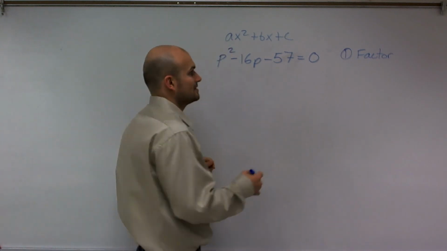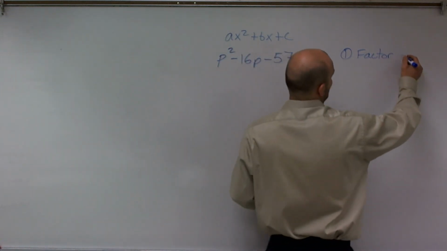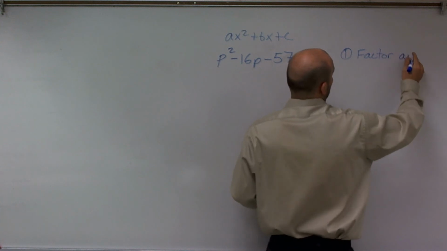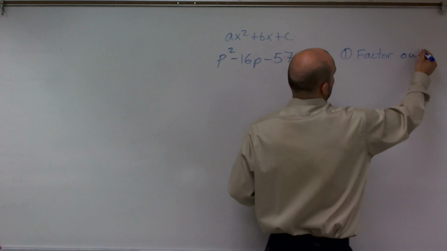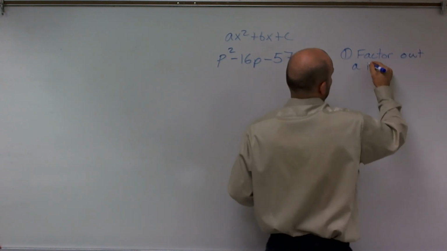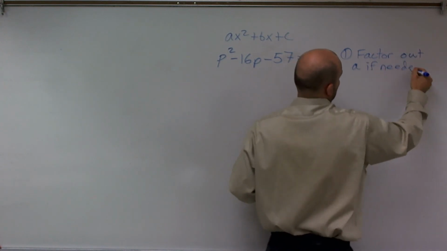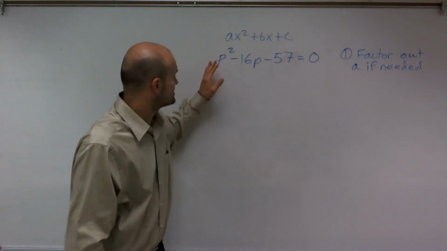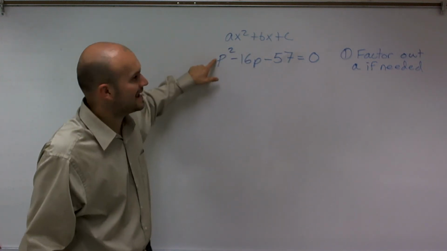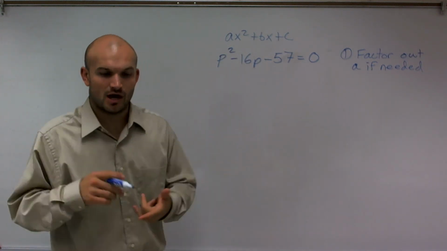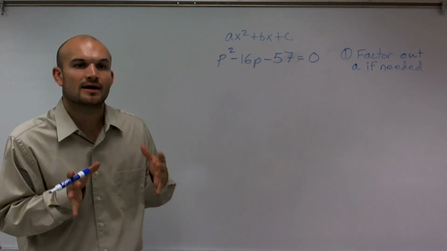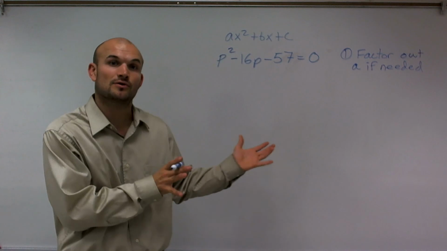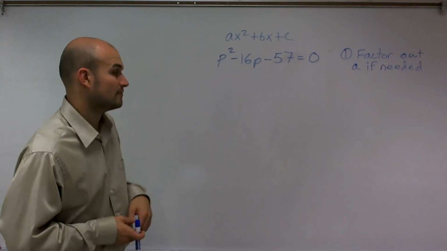So I would say, factor out a if needed. Well, as you can see in this problem, my a is currently 1, so I don't need to. However, if it was a negative 1 or a 4 or something else, then there's a different process that we have to go through, which I could show you in a different video.